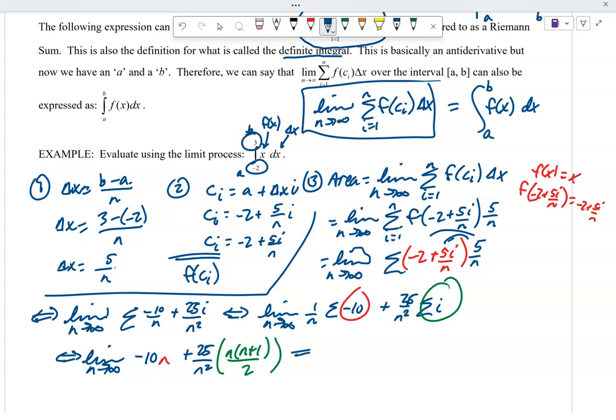So we've got, as n goes to infinity, negative 10n, oh, I forgot, times 1 over n. That's over n there. Sorry about that.